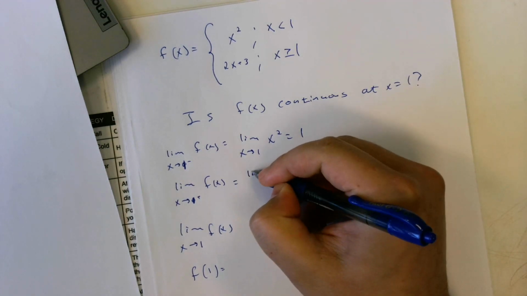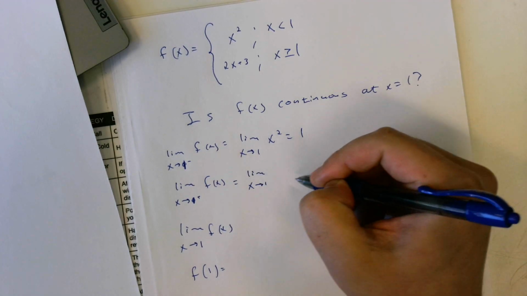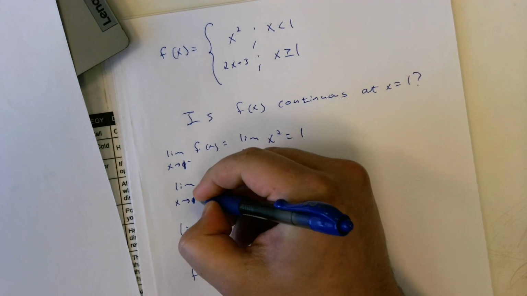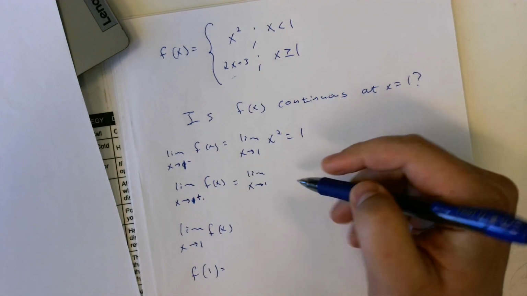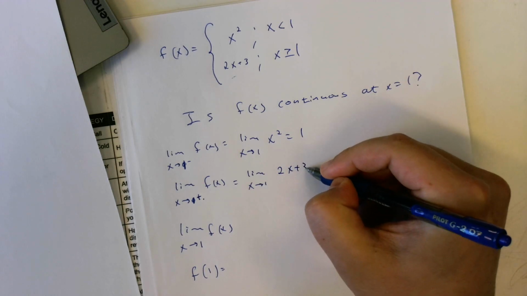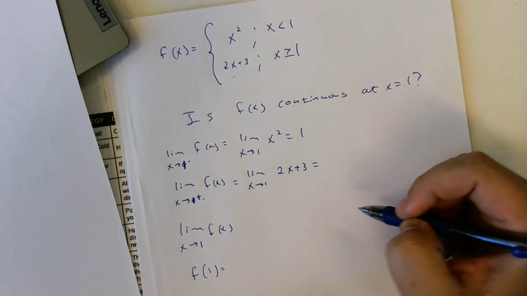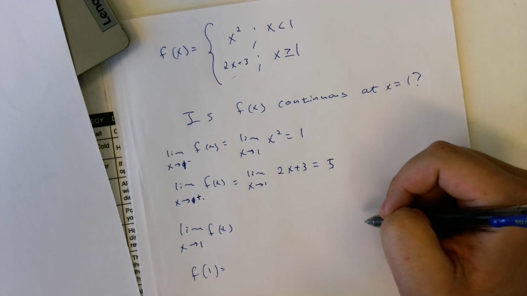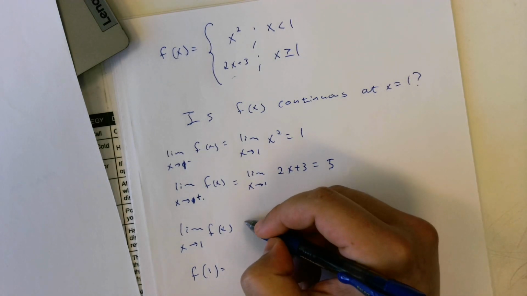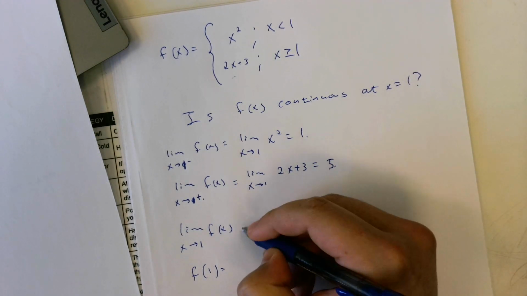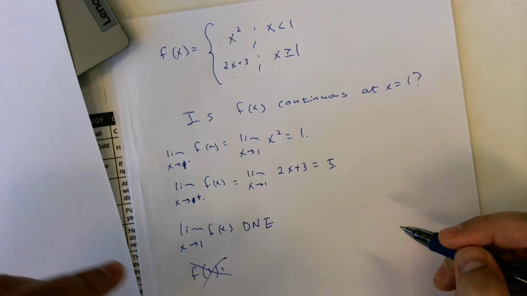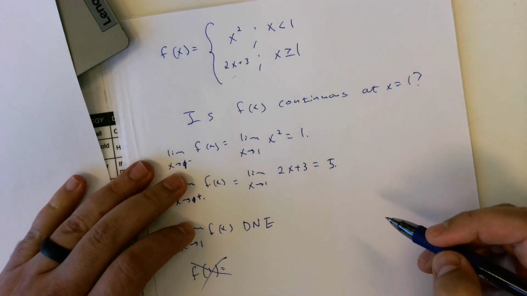And this is the limit as x approaches 1 on the right. This is the plus sign. On the right, we are 2x plus 3. Plug in 1, we get 2 plus 3 is 5. Uh-oh, spaghetti-o. Because these are different, this does not exist. I'm not even going to worry about f of 1 because I have all the information I need.